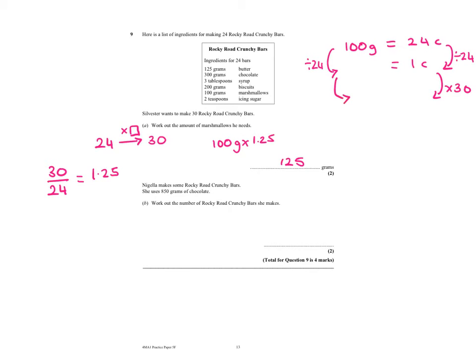So this is the unitary method. And we're going to get the same. So 100 divided by 24 is 25 over 6. Now, it does give you a decimal, but the decimal is recurring, so I do not suggest you use that, because when you multiply it by 30, you're going to get an exact number, whereas if you use the decimal, you wouldn't. So you can do it either way.